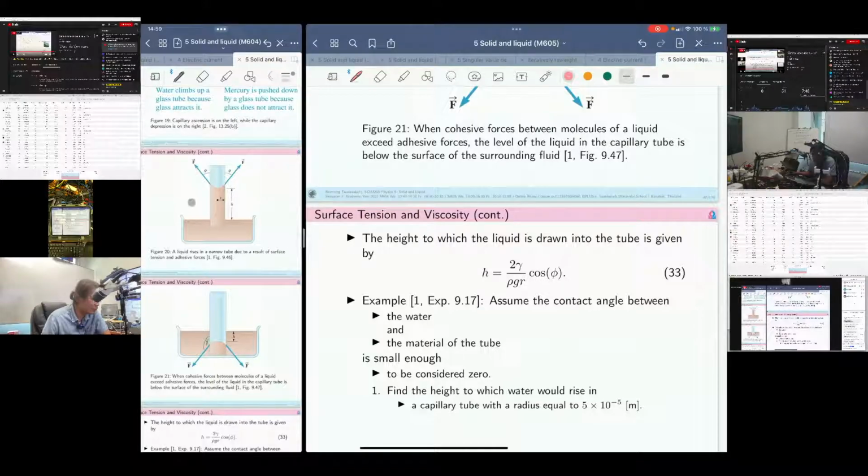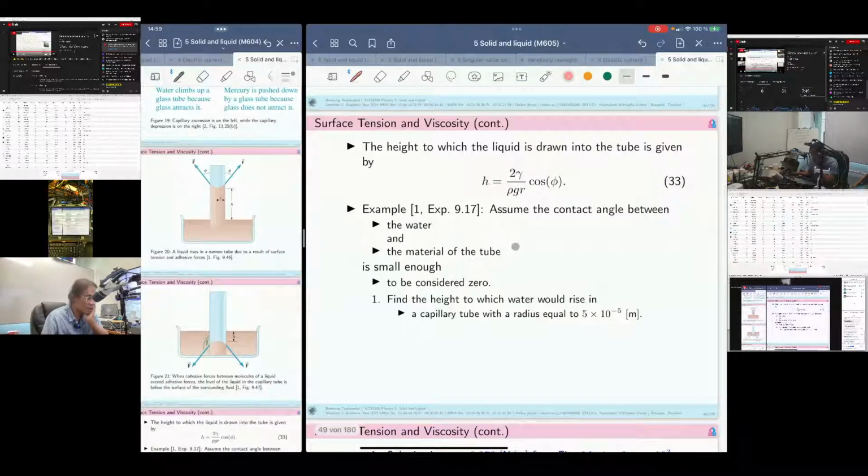And one more thing, if you use a big capillary tube, with a larger radius, you would have less height. The height will not be big, because it inversely depends on the radius of the capillary tube. All right.